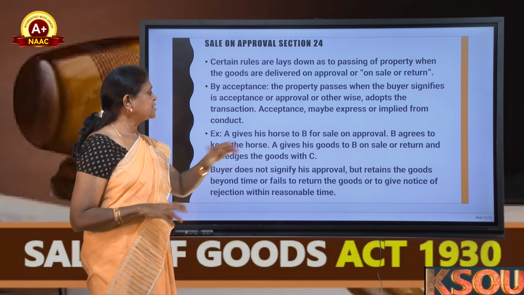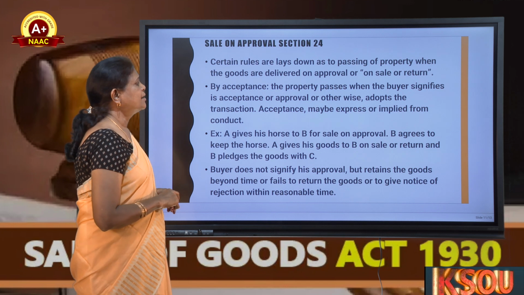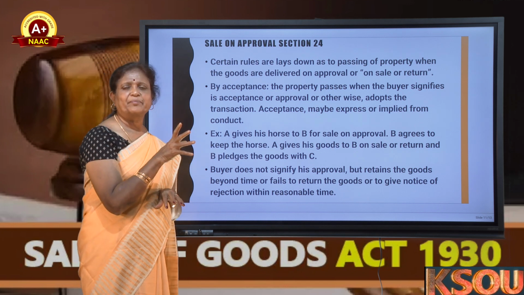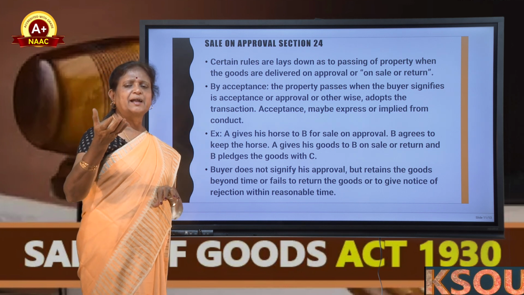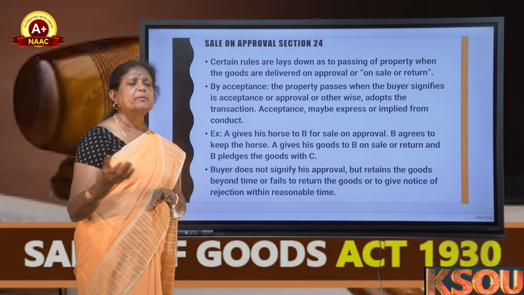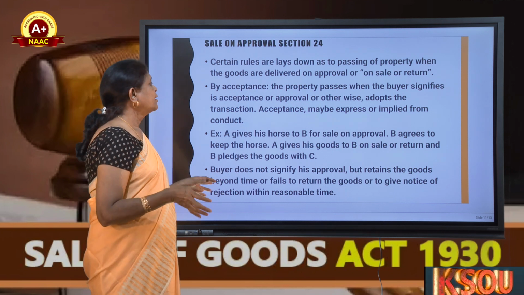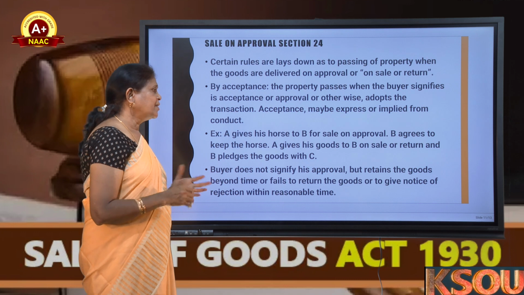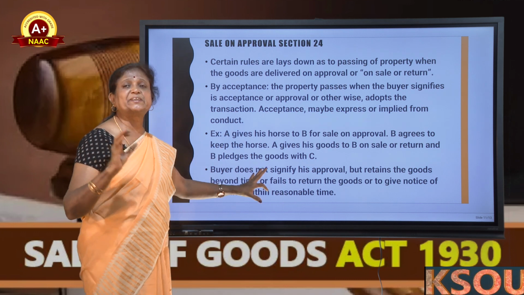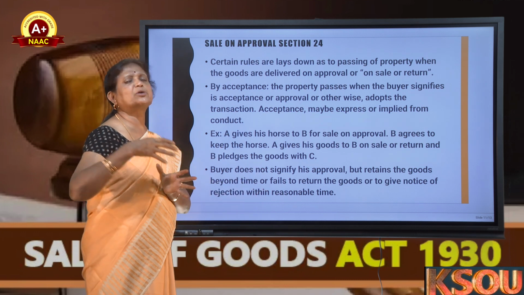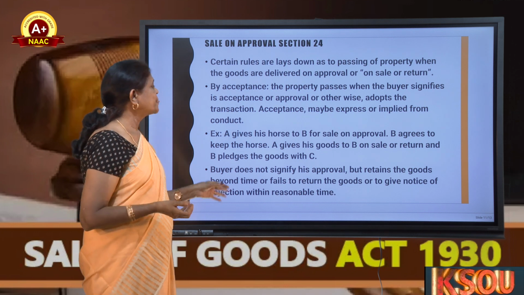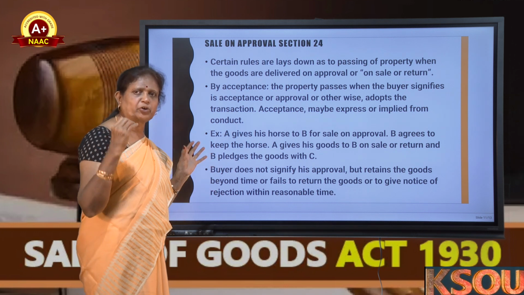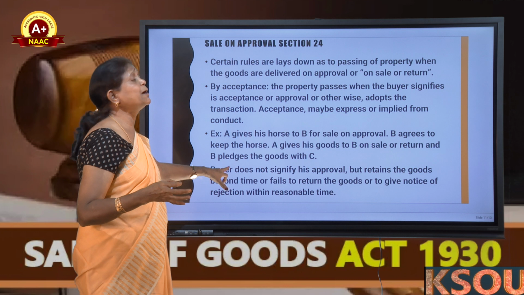Or sometimes A gives the goods to B on sale or return. That means if the buyer takes the goods in his hand, instead of returning or accepting it, he retains the goods with himself or he pledges the goods with somebody else. That means he himself has accepted. Without returning the goods, they are deemed to be accepted.